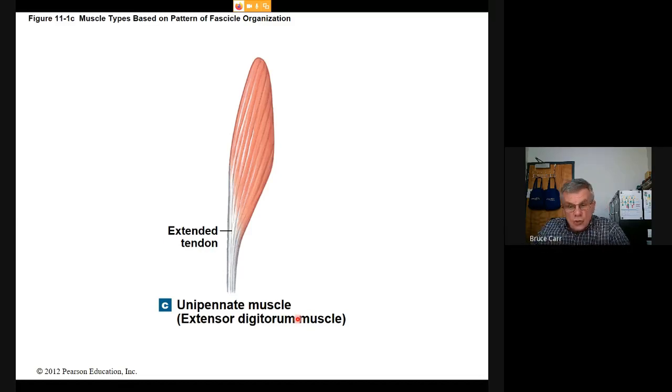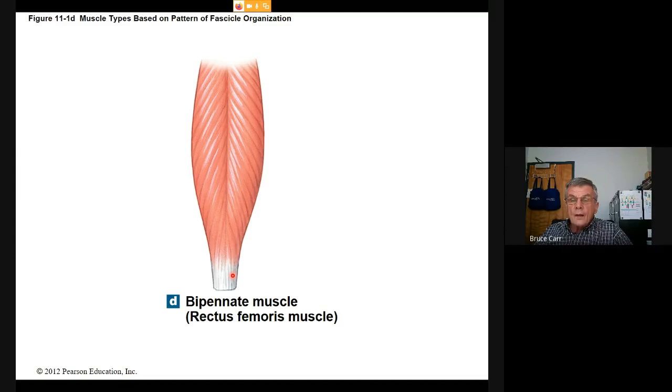The extensor digitorum is a unipennate muscle, and they can be packed side by side, and the extended tendons actually take up very little space. A bipennate has a central tendon running up and down the center part of the muscle, and you'll notice that the bodies of the muscle here are angled in a different way.